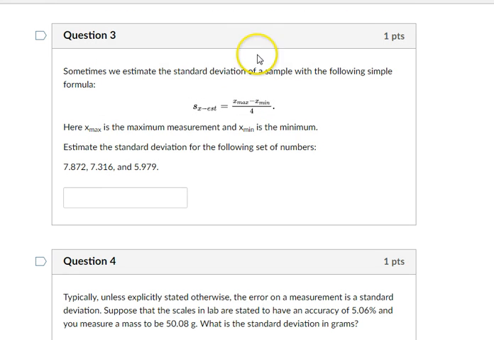The third problem is another way to get a quick and dirty estimate of the standard deviation or standard error of a set of measurements, and that's to take the maximum value, subtract the minimum value, and divide by 4. All this is doing is presuming that the maximum and the minimum are somewhere out around 3 standard deviations, and if they are and you divide by 4, you're getting in the neighborhood of the size of the standard deviation, assuming these are out near the edge of the 1-2 point.